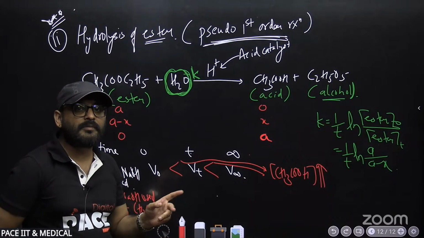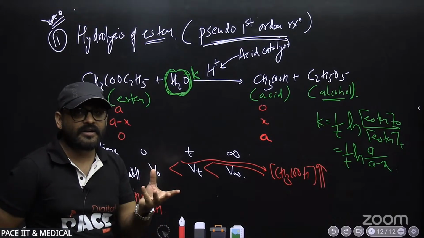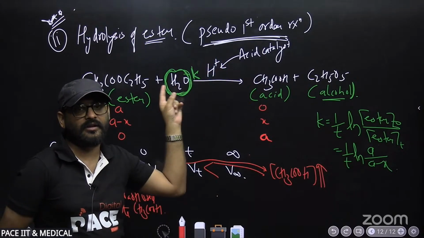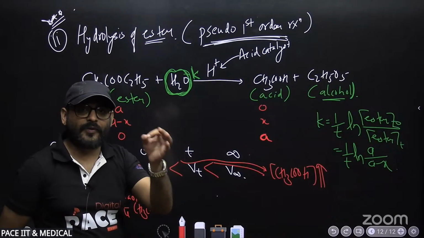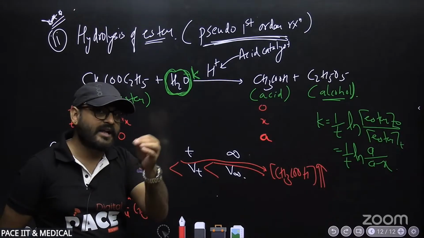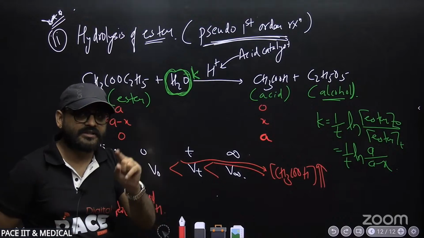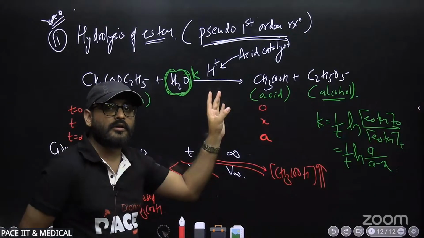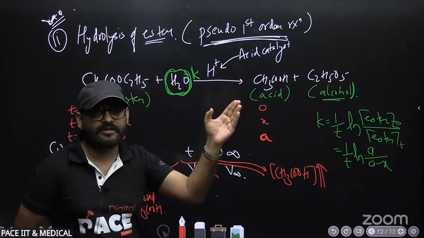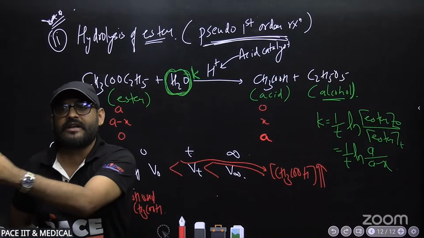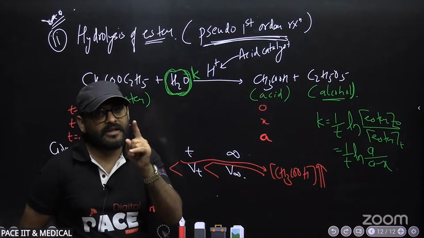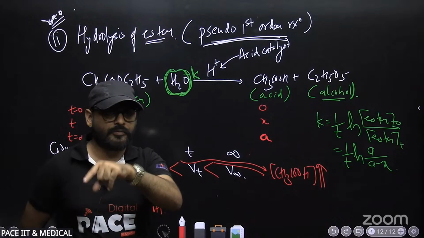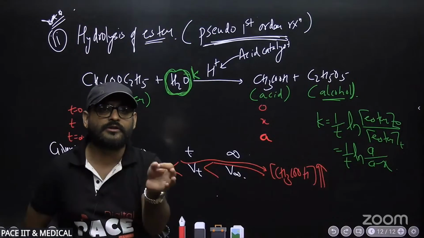Then NaOH will be titrating some acid, but not CH3COOH. Then what? Acid catalyst. In the container, H plus is also there, but CH3COOH at t equals 0 is not present. Its concentration is 0. But acid catalyst means its concentration is constant throughout the reaction. So the volume used to titrate it will also be constant throughout the reaction.